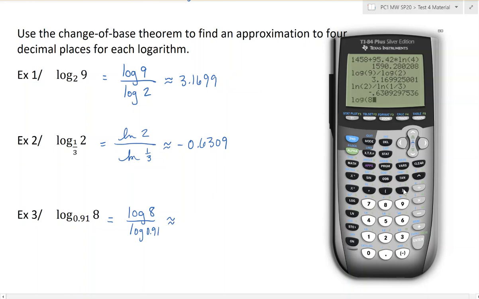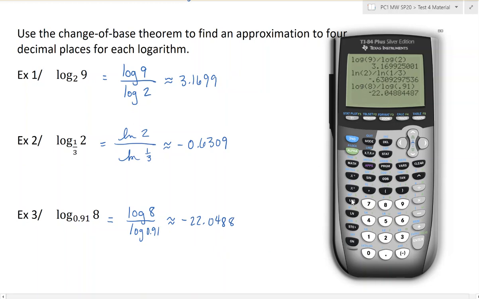So I have the log of 8 divided by the log of 0.91, and we get a negative 22.0488.